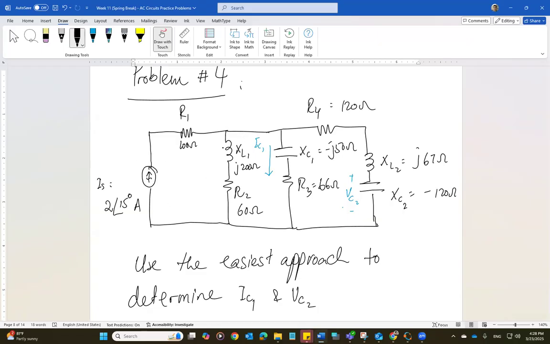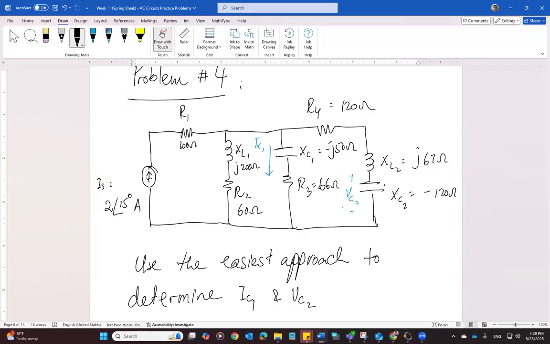The source current will be going through that one loop. So you can find the voltage across your impedance. That voltage is going to be valid across XL1 and R2, XC1 and R3, and R4, XL2, and XC2. That will be valid, right?